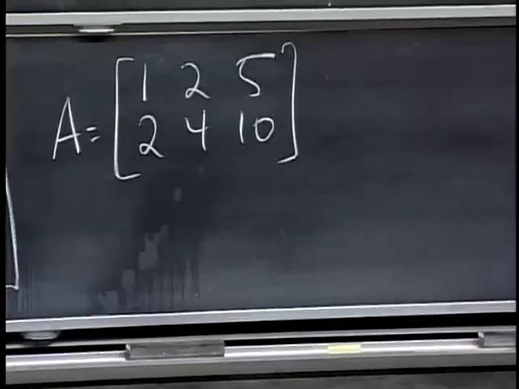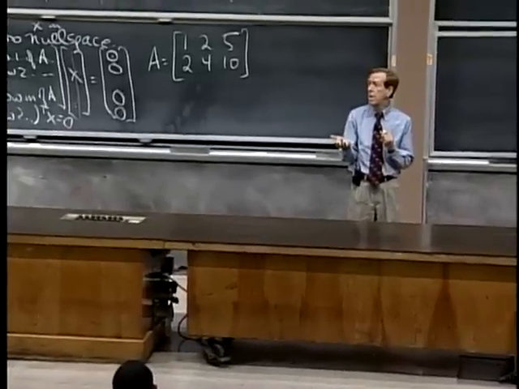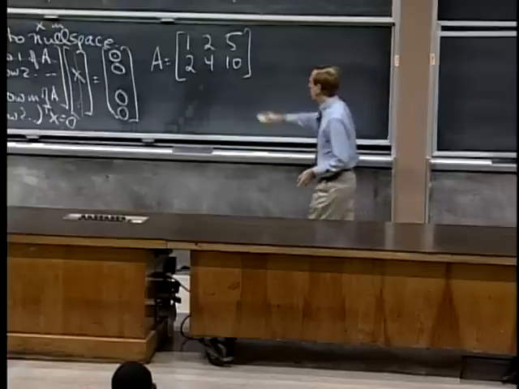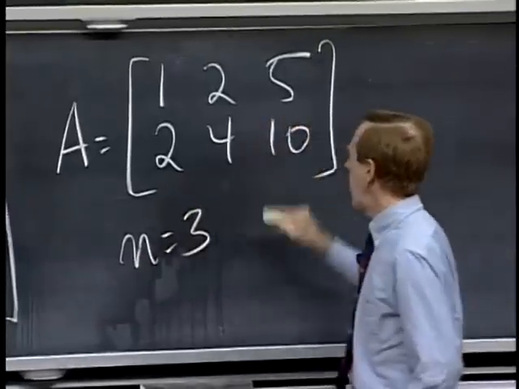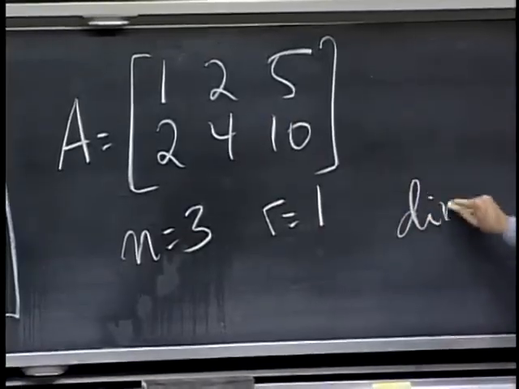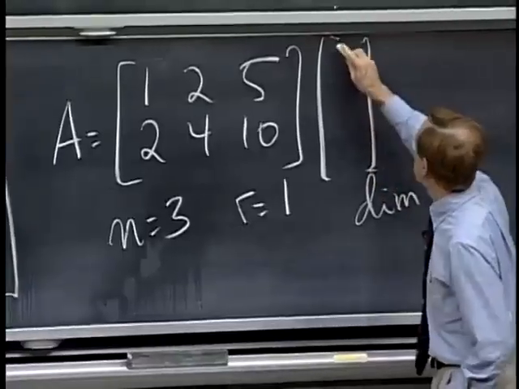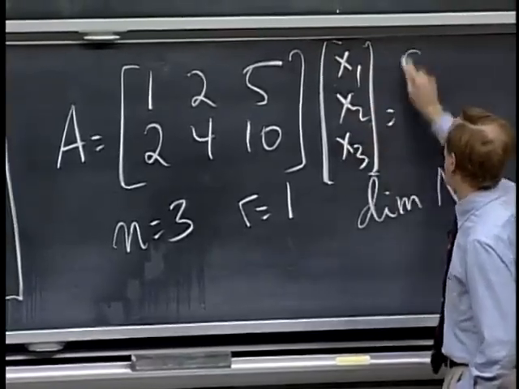Geometrically, what's the row space look like? What's its dimension? So here n is 3. The rank is 1. So the dimension of the null space, so I'm looking at this x, x1, x2, x3, to give 0.